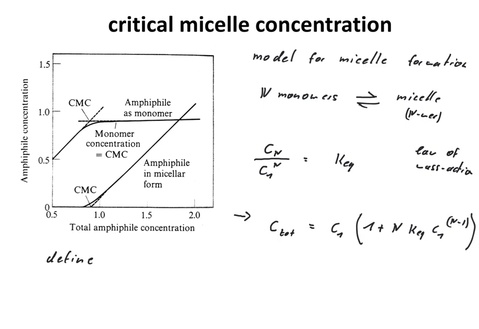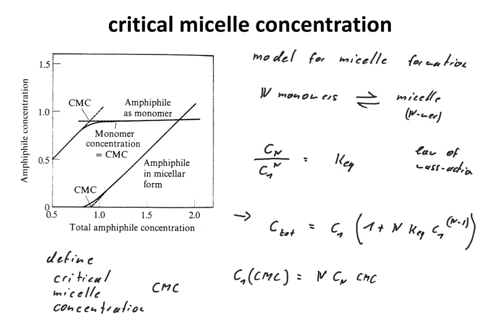Now we define the critical micelle concentration as the concentration where the concentration of monomers at CMC is equal to n times the concentration of micelles at CMC, which in other words is just CMC half.